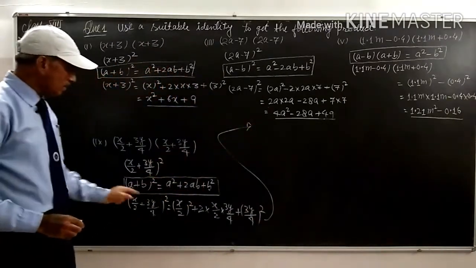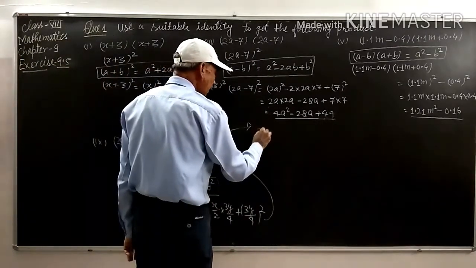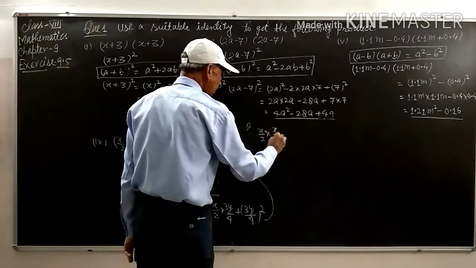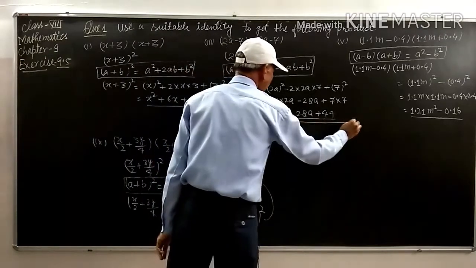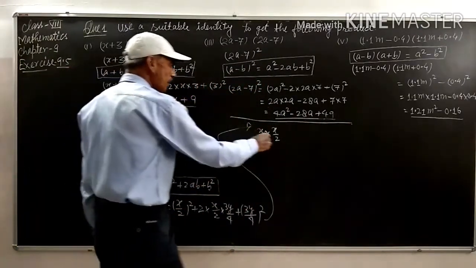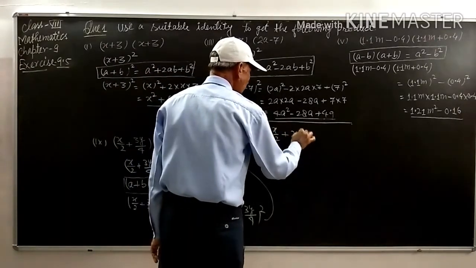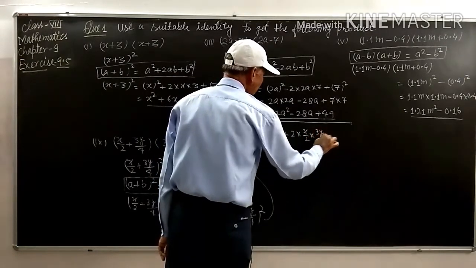So, now this one will be x by 2 whole square, it means x by 2 into x by 2. Okay, students? This one is the part of this question. X by 2 into x by 2 plus 2 into x by 2 into 3y by 4.